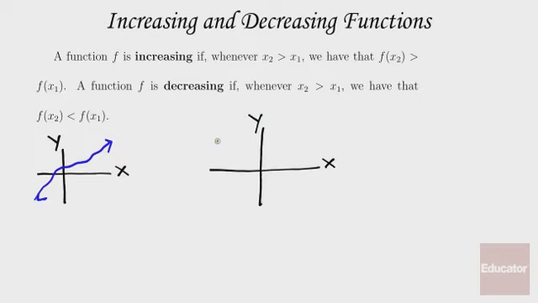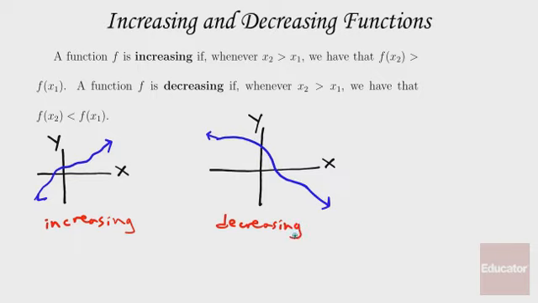So here we're just talking about a function that's decreasing, getting smaller and smaller as we go from left to right. And let me just label these for future reference if you come back to look at this again later. So of course the plot on the left shows an increasing function. The plot on the right shows a decreasing function.